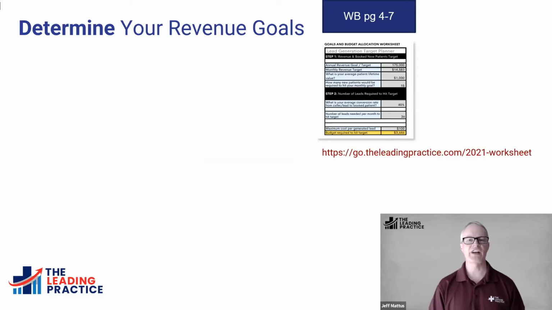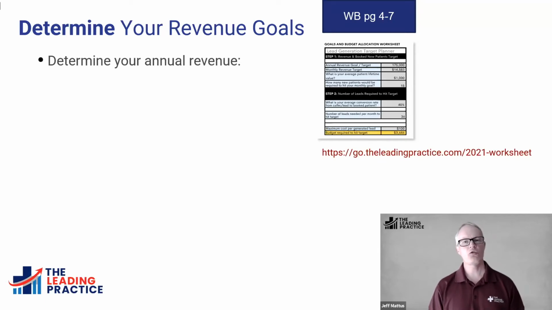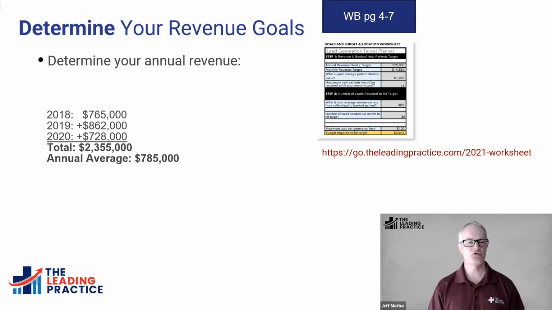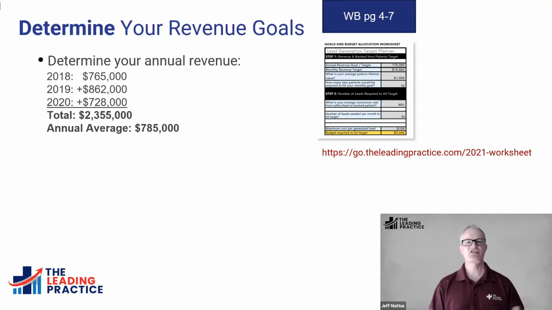Determine your revenue goals. How would we do that? Well, the first thing we need is to determine our annual revenue, and that typically is done over an average of a few years. We suggest at least 3 years. So in our example here, we see some numbers there for 2018, 19, and 20, some variance. Even 2020 with COVID, obviously the numbers went down some.